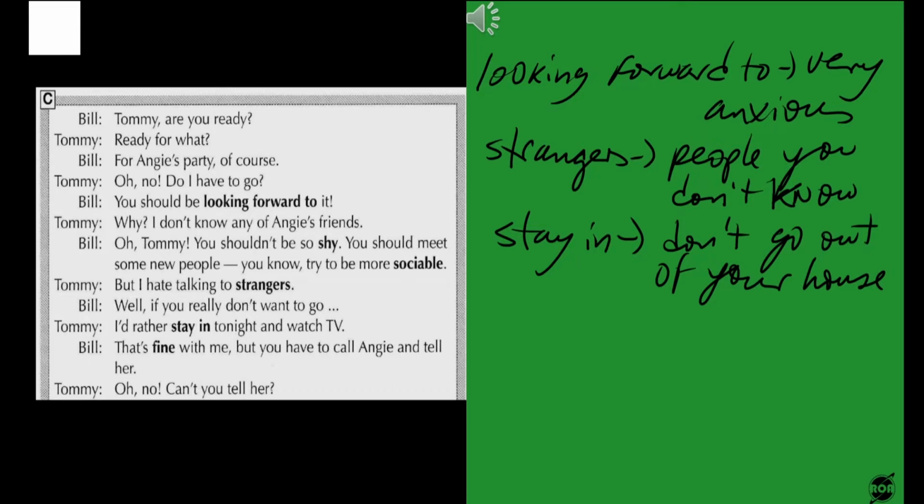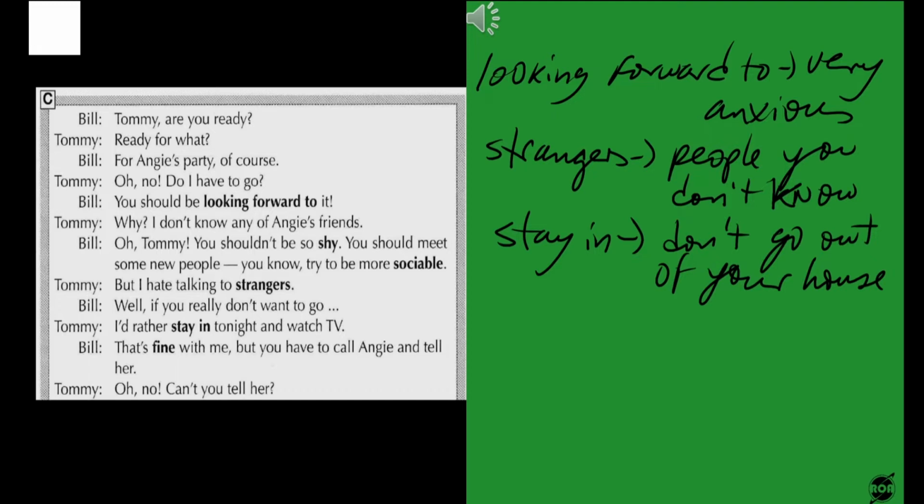In this conversation, there's a guy that apparently doesn't want to go to a party because he doesn't know anyone. Bill is trying to persuade him by telling him that he should be looking forward to that event, and look forward to it means to be very anxious.